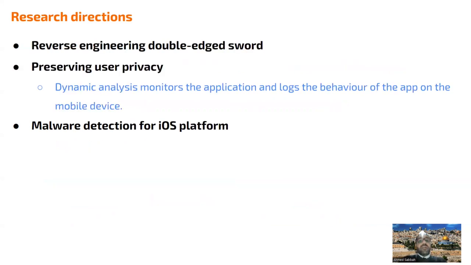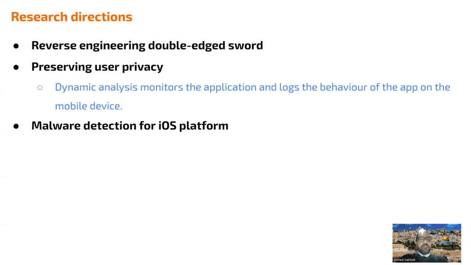Reverse engineering is a double-edged sword. Reverse engineering is important for security testing and so on, to find vulnerabilities. But at the same time, it is used by hackers to inject malicious code into applications, violating user privacy.